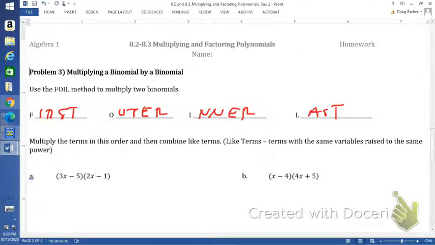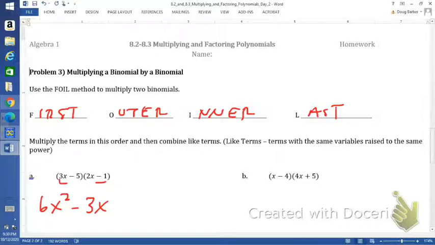Alright, so first times first. 3x times 2x. Multiply the coefficients, get 6. X times x gives us x squared. Multiply the outers together. 3x and a negative 1. That's a negative 3x.